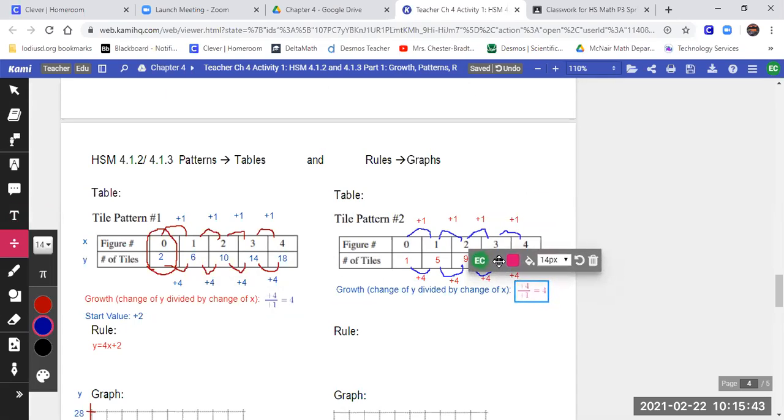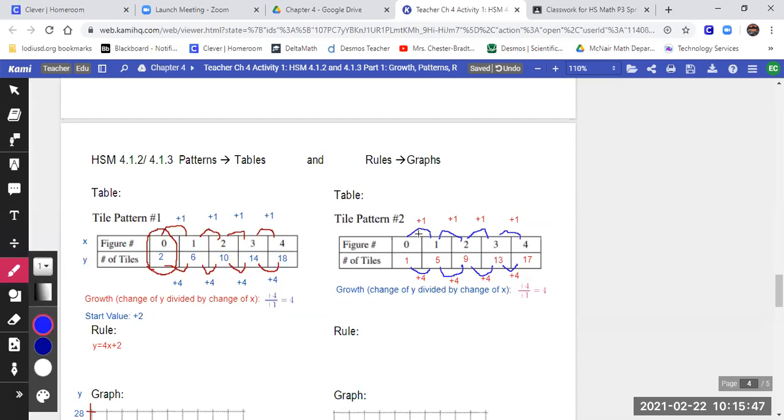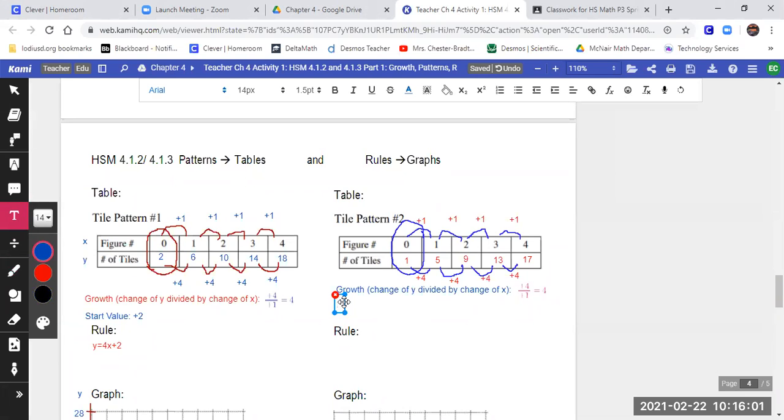I do. Okay, now the difference is, when we go back to here, here's our difference. And what is that circled part called? Start value. Okay, so start value is what?